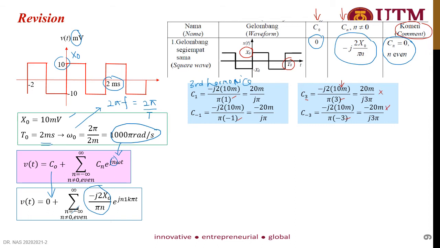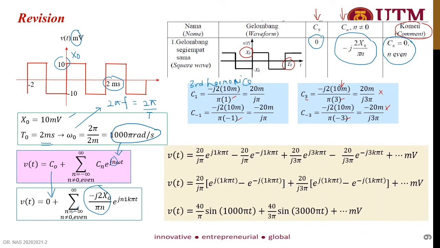Okay, next you need to compile them up. So Vt equals your C naught, which is 0, plus C1 e^(j 1 omega t). In this case, omega is 1000 pi, and then you have j underneath here.